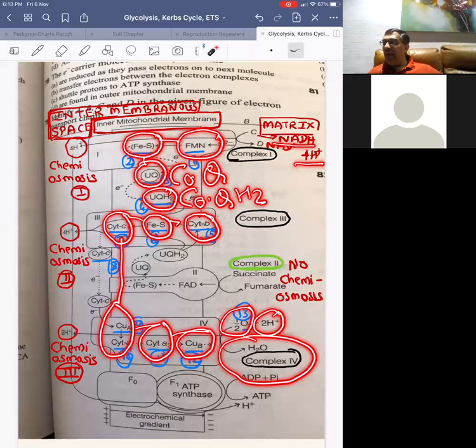So once again, NAD से कहा गया है FMN, FMN से कहा गया है FES. ये कुछ नया किया हमने आज.